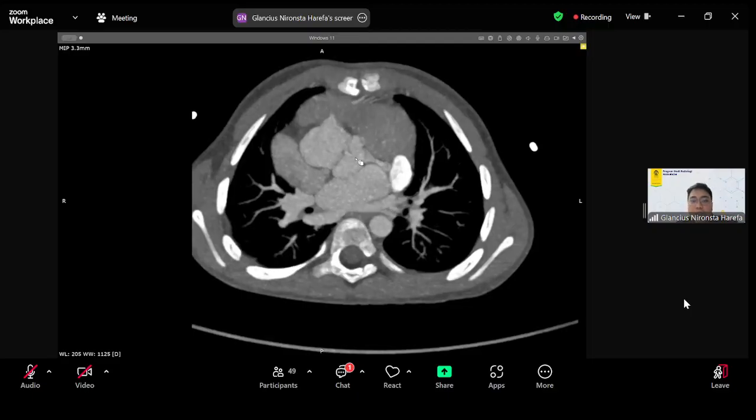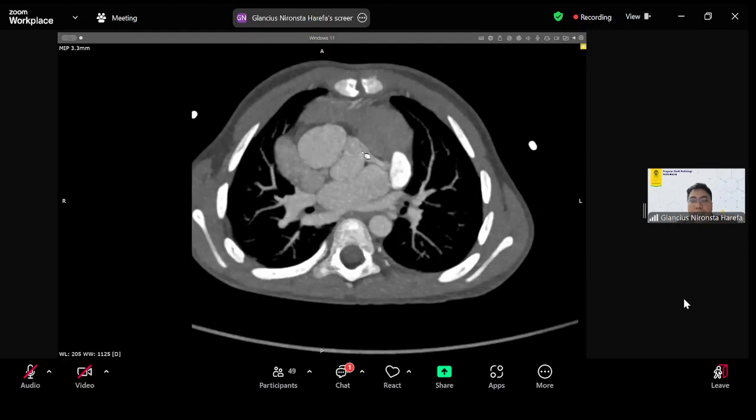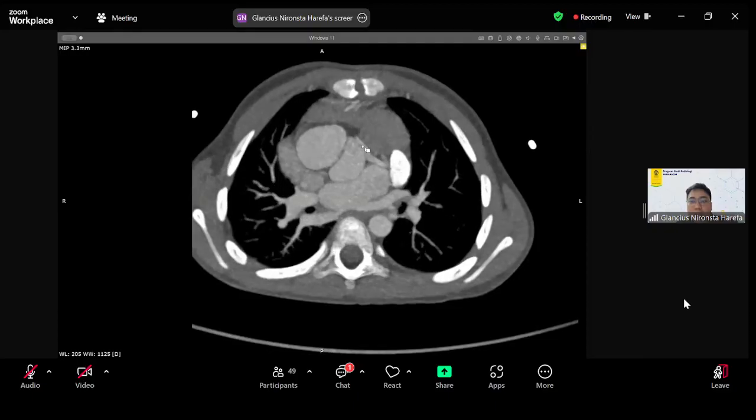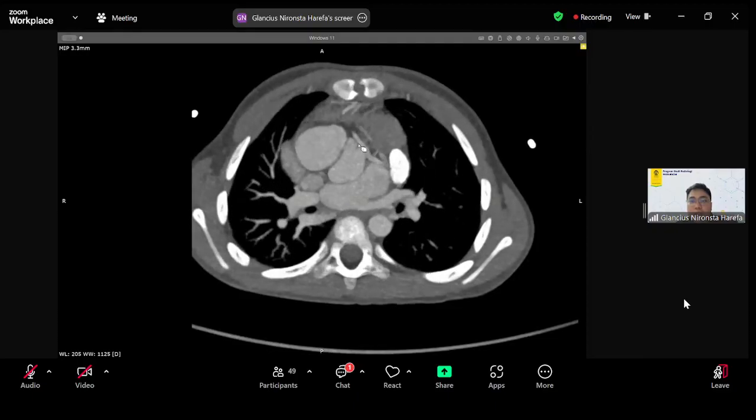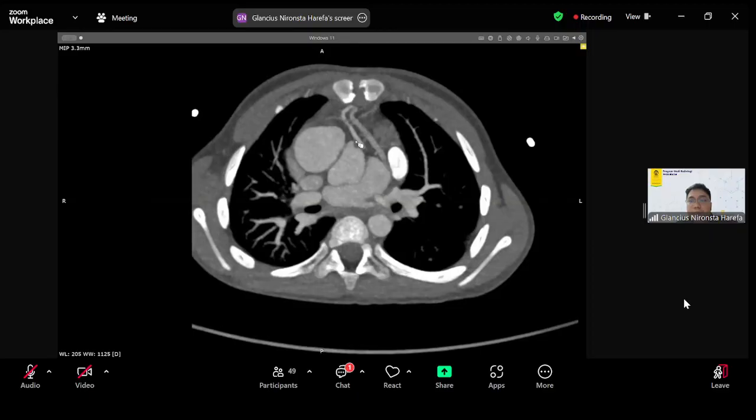If we trace this coronary artery, it is seen to run anteriorly and subsequently give rise to smaller coronary artery branches. You can see from here.